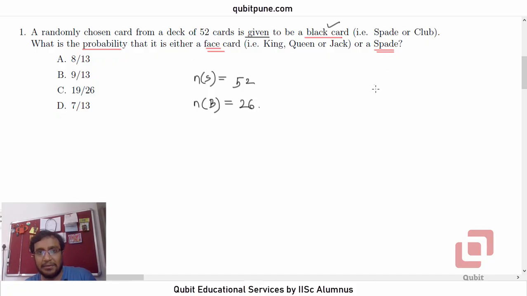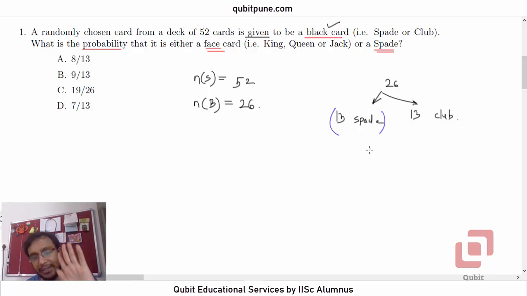Out of those 26 cards, 13 will be spade, and the remaining 13 will be club cards. So in our required event, these 13 spade cards are already there, because we want the card to be either a spade or a face card.